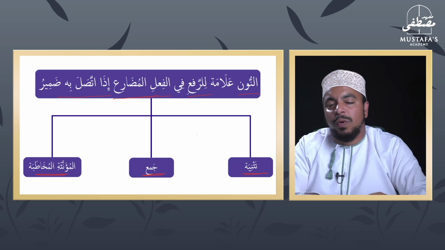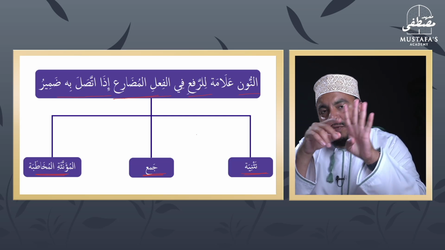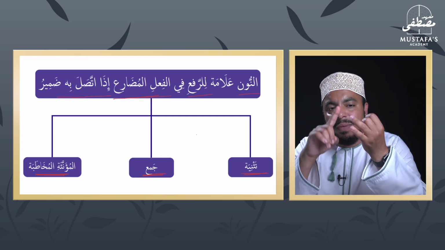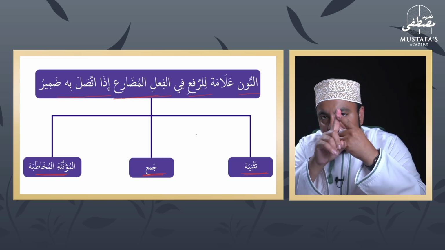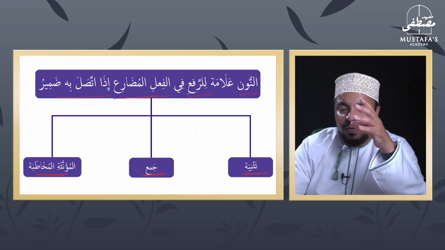That's what it is. So what do you notice? You notice that the four signs for the rafa' are al-dhamma, al-waw, al-alif, and an-noon, and each one of them has specific types of words that fall into it, inshallah ta'ala.